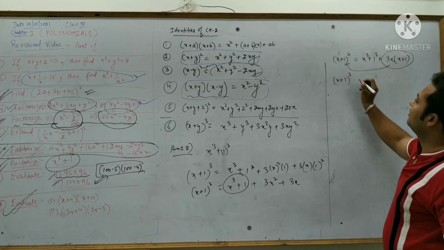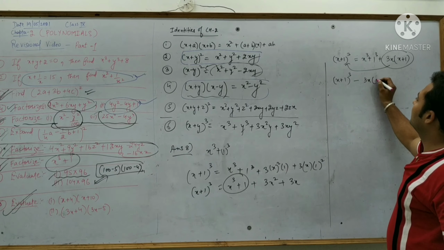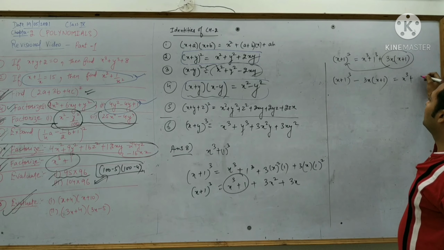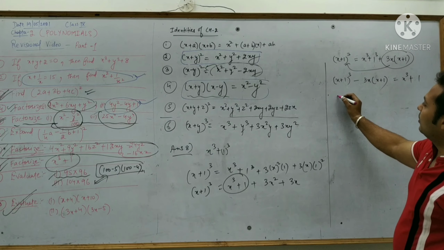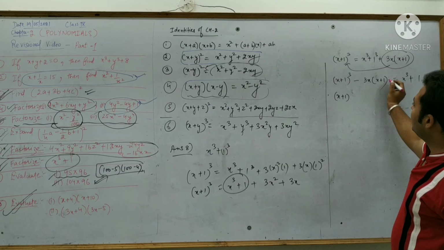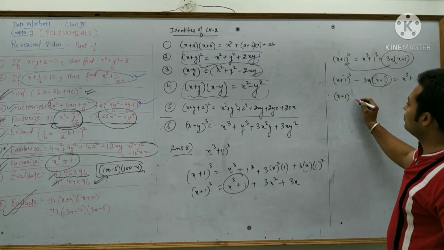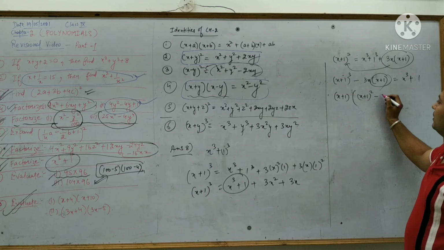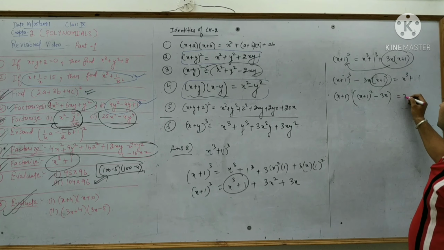It becomes x plus 1 cube minus 3x into x plus 1 equals to x cube plus 1 cube, which is 1. Okay, now x plus 1 cube, see, x plus 1 is common between these two terms, so take it common. It will become x plus 1 whole square minus 3x.